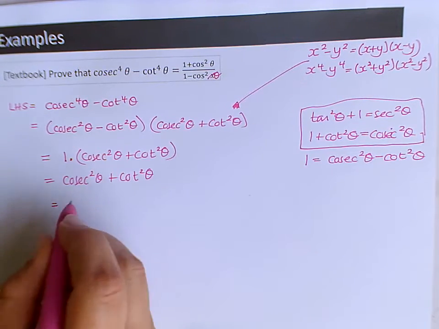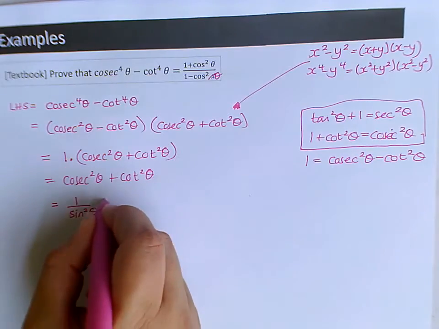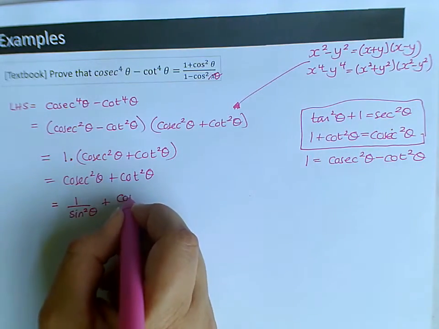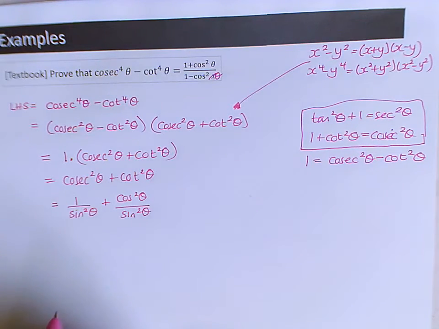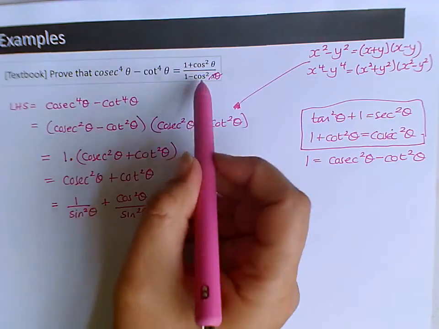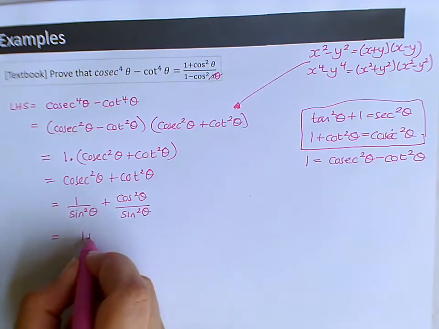So cosec squared is becoming 1 over sine squared theta, and cot squared would be cos squared theta over sine squared theta. I've got a common denominator, so now this is going to help me pull this together as one fraction.